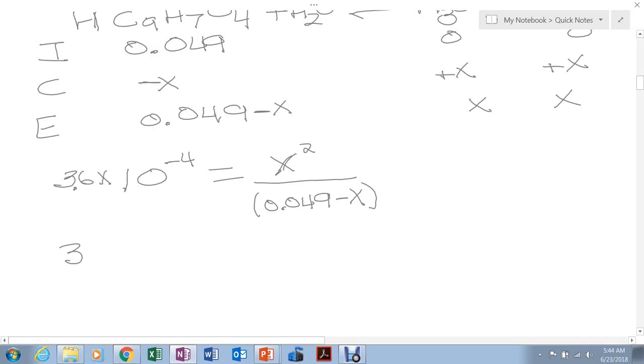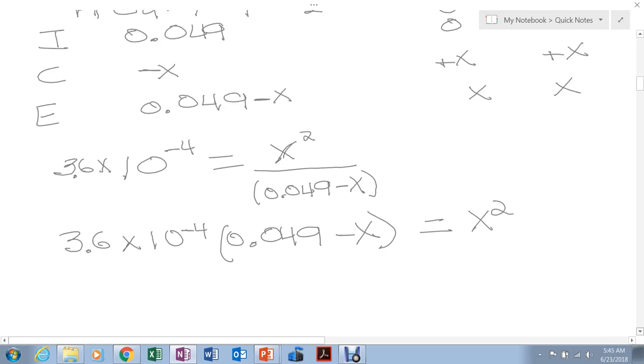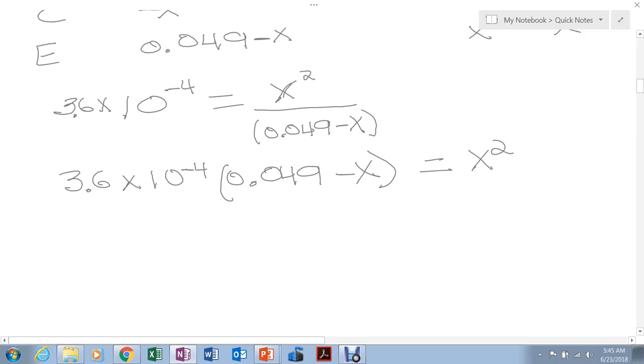So, it's 3.6 times 10 to the negative 4. And we multiply both sides by 0.049, so this goes on top, equals x squared. We have the distributive property, okay?